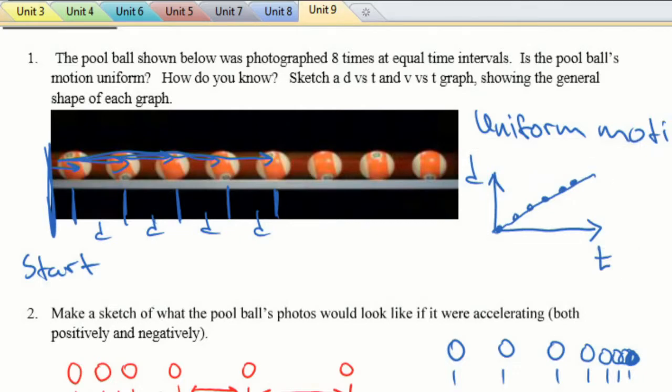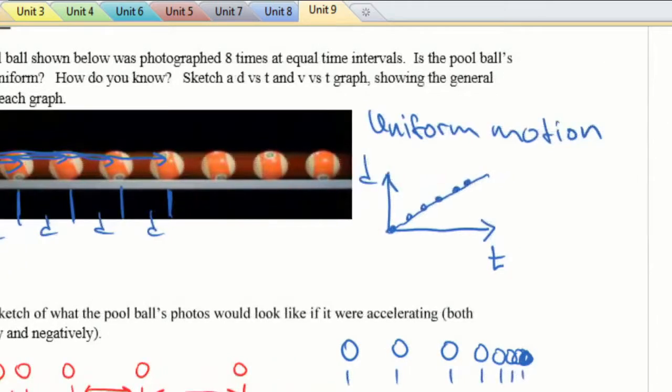The second part of the question asks me to draw a velocity time graph of the same object. All right, so as time goes on, is the velocity increasing, decreasing, not changing? If I think back to the very beginning, it doesn't really look like the ball started from a stop and then slowly sped up. It just looked like it's been cruising along.